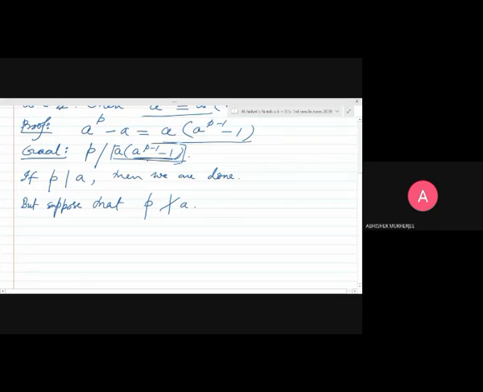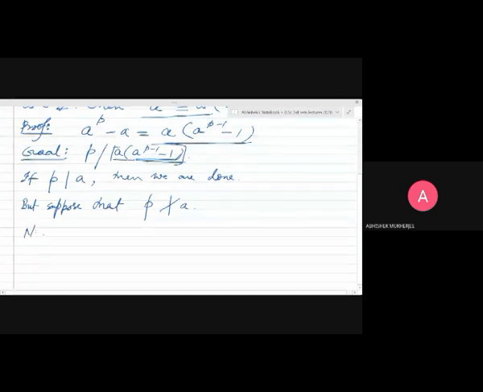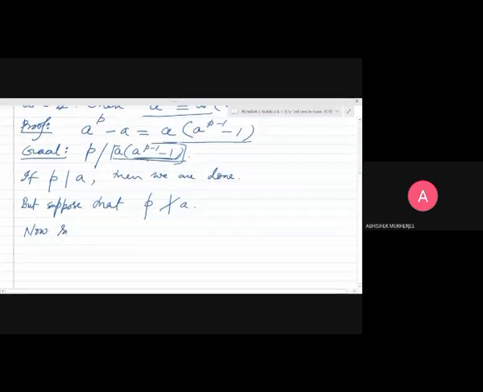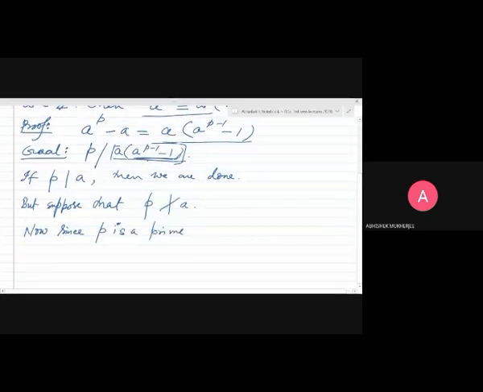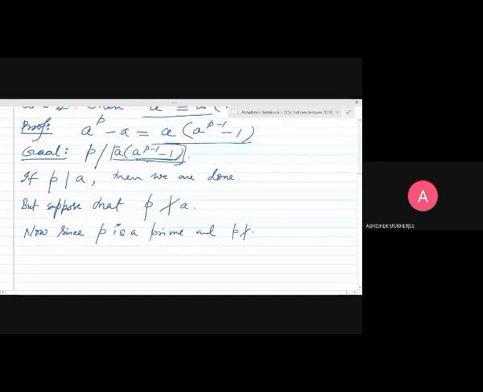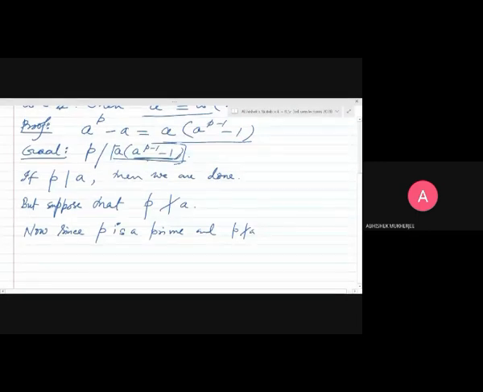Now, since p is a prime and p does not divide a, what would be the GCD of a and p?